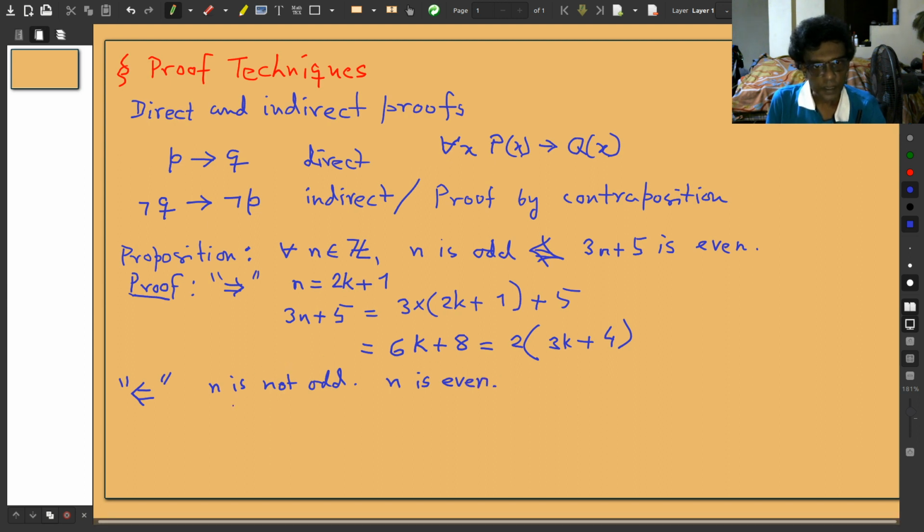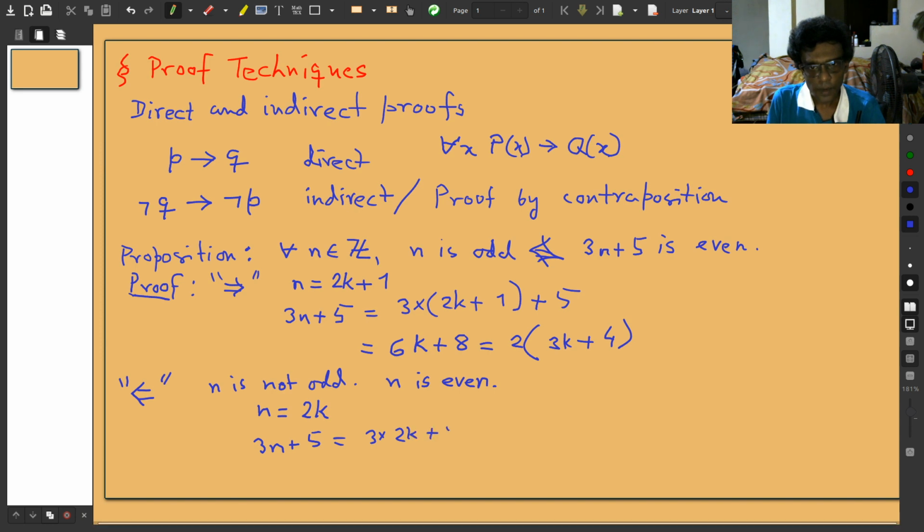So, I can write n as 2k, okay, for some integer k. And then I do the same thing. 3n plus 5 equal to 3 times 2k plus 5, which is 6k plus 5.